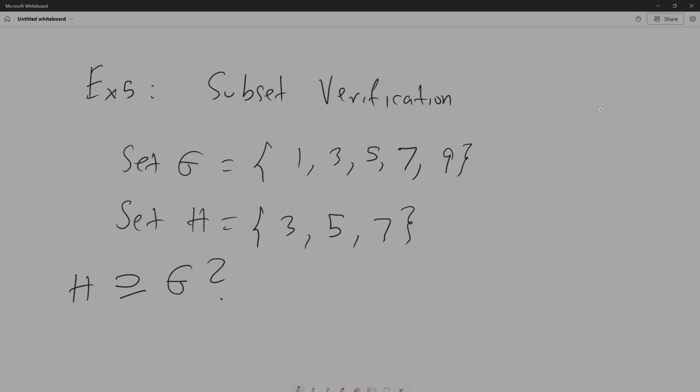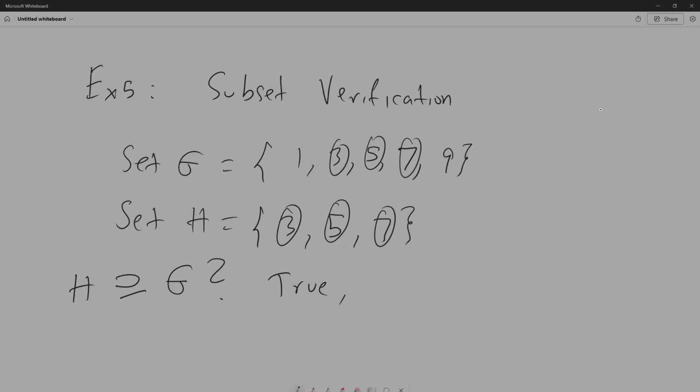We wanna find that out. Well, as you can tell, 3 is here and in G. 5 is here and here. 7, 7. That means that all of the elements, so the answer for this question is gonna be true.